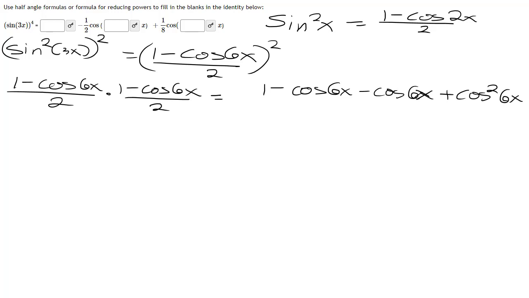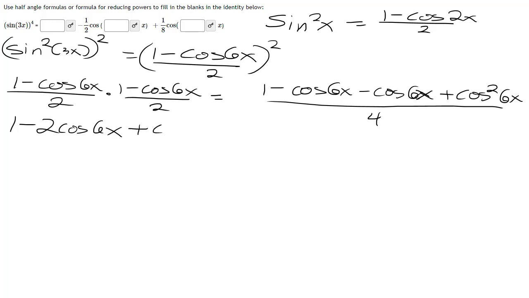That's just 1 multiplied through and then negative cosine multiplied through. And then, of course, the bottom is 4 because 2 times 2. We clean it up and combine like terms: 1 minus 2 cosine of 6x plus cosine squared of 6x all over 4.